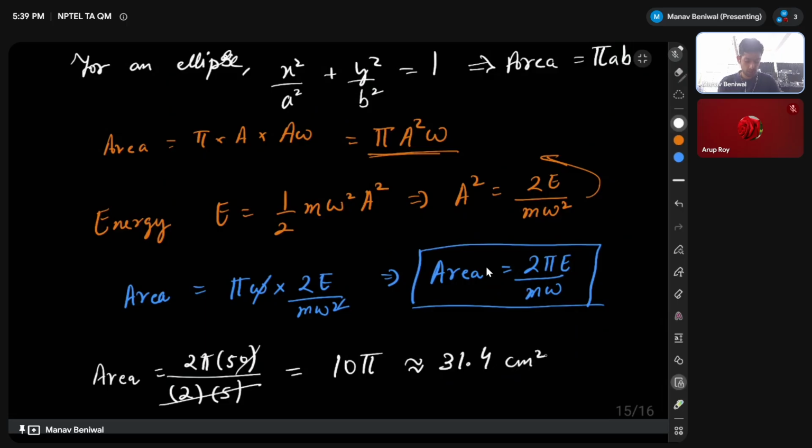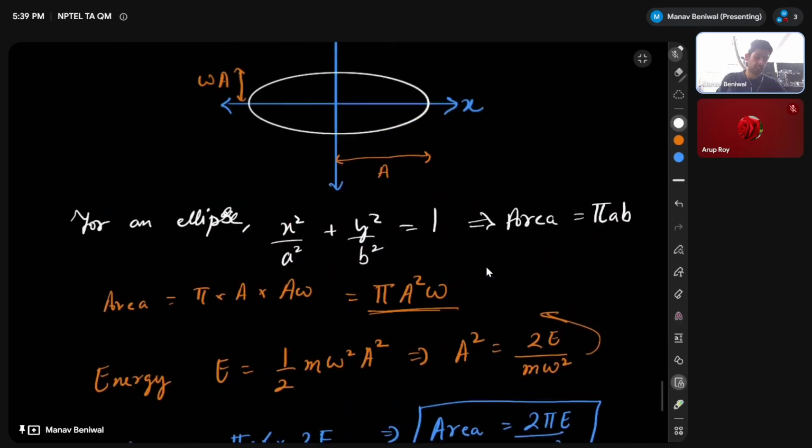centimeter squared per second. Notice that we are writing area, but the units are centimeter squared per second because we are in the phase space.